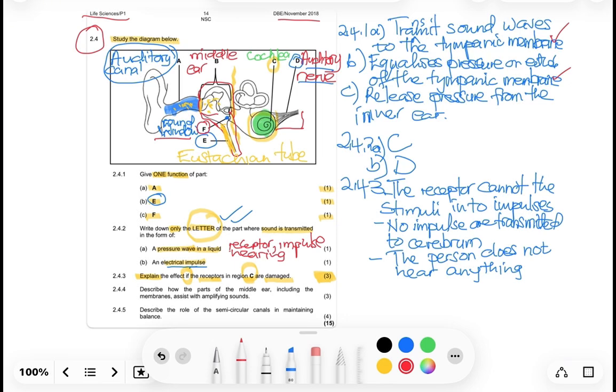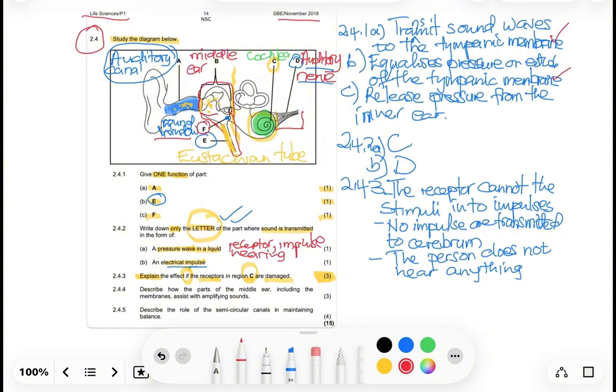Besides transmitting sound waves to the tympanic membrane, the auditory canal also secretes wax, or cerumen. You could have said that. But since we were trying to follow the instructions, I just wrote 1 there so that you know you are only supposed to give 1 function, but it has another function.